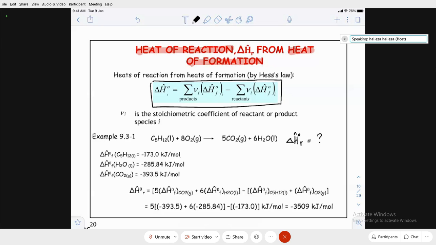You will write the reaction based on the formation of that compound and get the heat of formation from Appendix B1. And then after that, you do it using Hess's law, and you will get, you don't even need to use Hess's law, sorry. You can use this equation. You can use that equation without going through Hess's law. But if you want to use Hess's law, you double check whether your reaction is correct, whether it comes out to the desired reaction that you want. Okay, so we will play around with it.